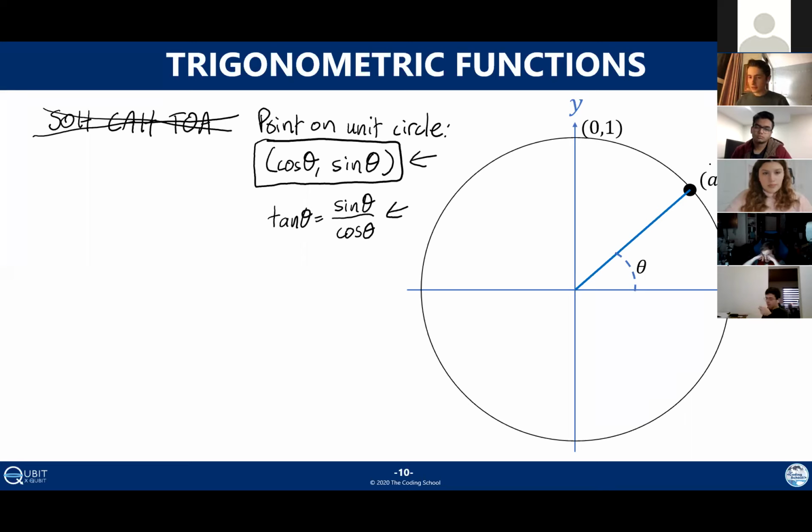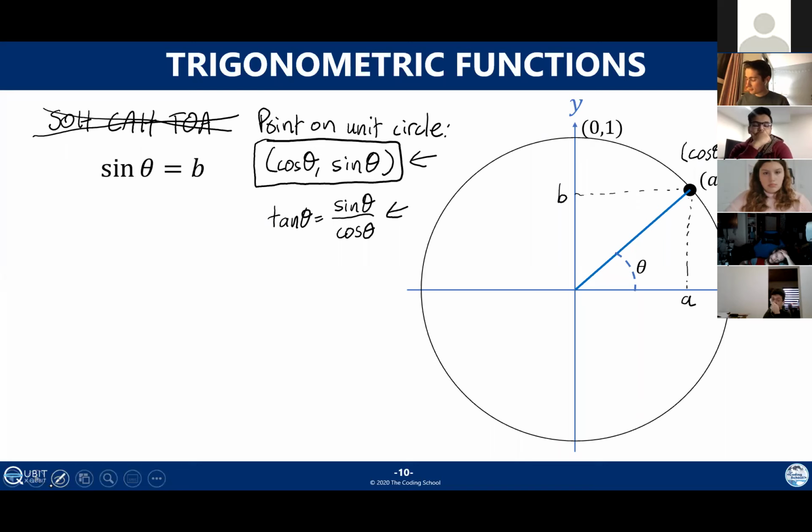So if we go ahead and look at our point that we had from before, we said that the x coordinate of this point was A, the y coordinate of this point was B. And from what we just said, because this point lies on the unit circle, its coordinates are exactly, by definition, cos theta, sine theta. So this actually allows us to define what sine, cos, and tan are.